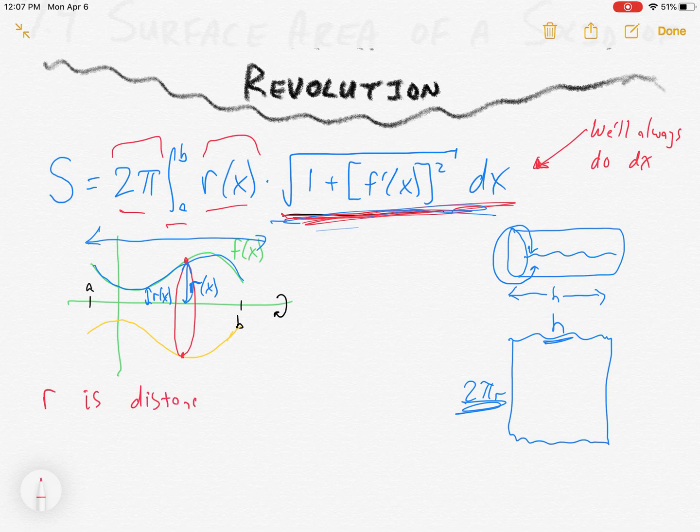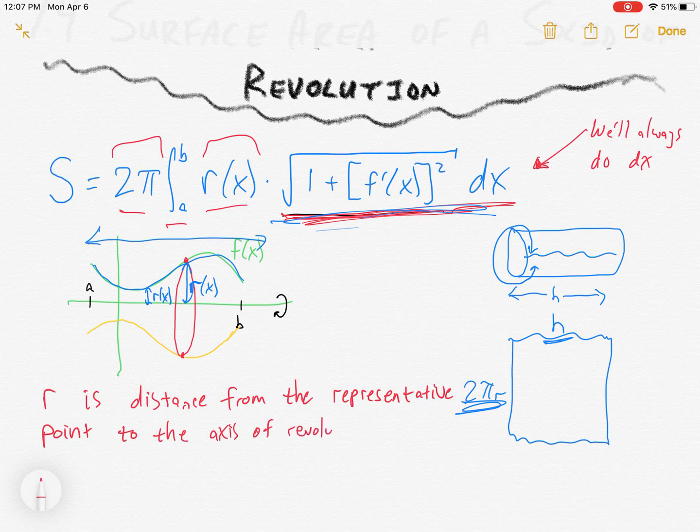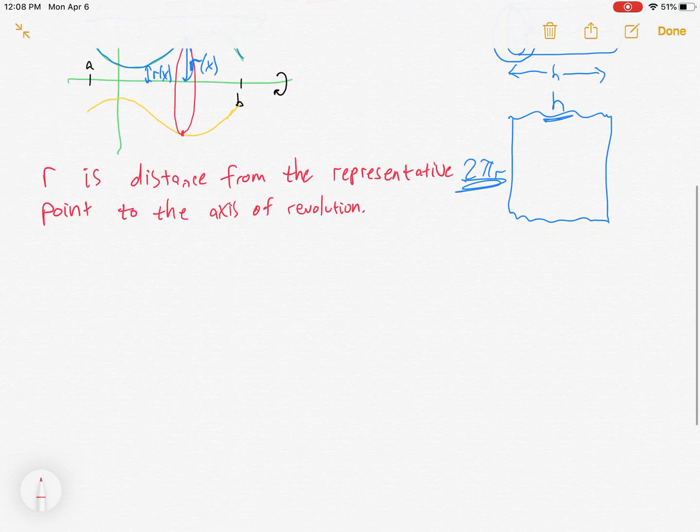I'm thinking of shell. r is the distance, well, you can see it on the picture there, from the representative point, I call it, to the axis of revolution. So really, it's like r in the disk or washer method. So we're seeing all of these kind of having some shared ideas.